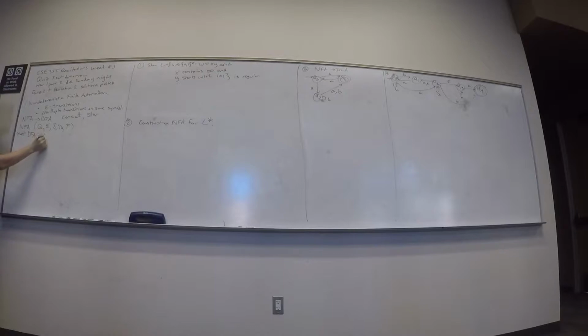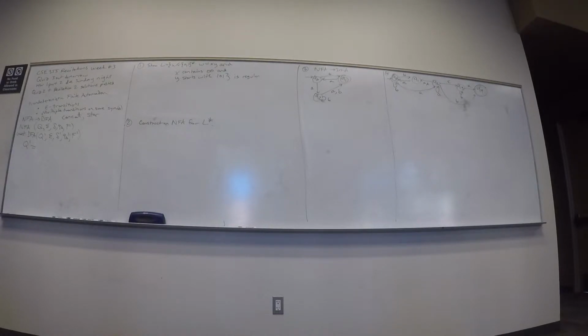We call it Q prime, same alphabet, different transition, different start state, different set of final states. Okay? So now I just got to figure out, how do I define these 5 pieces in terms of the original NFA? So, how do I define the set of states in the DFA in terms of the NFA?